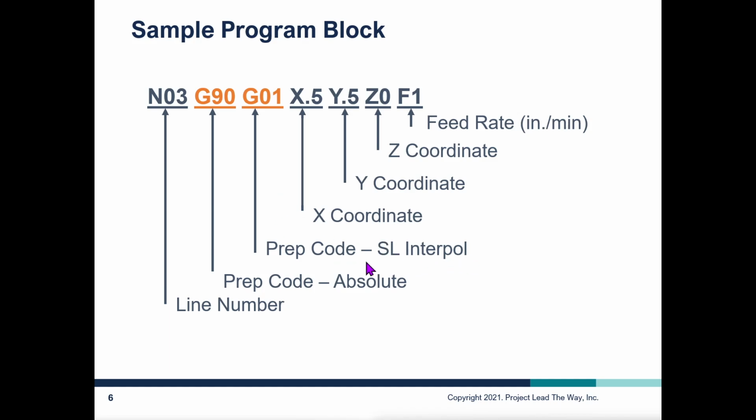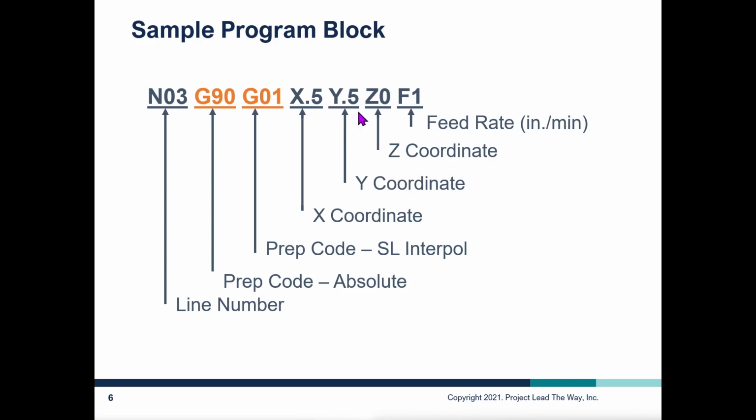That means that it's going to cut a straight line from where it is to this X coordinate, 1/2 inch from the PRZ, and to the Y coordinate, 1/2 inch from PRZ, and our Z reference, which is our plunge, which is when we're cutting into the part, that Z reference is going to be at 0.